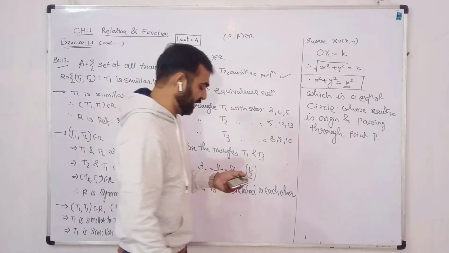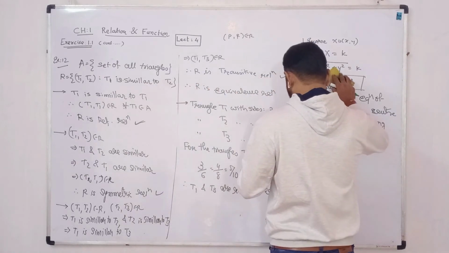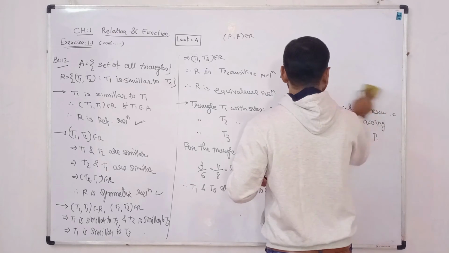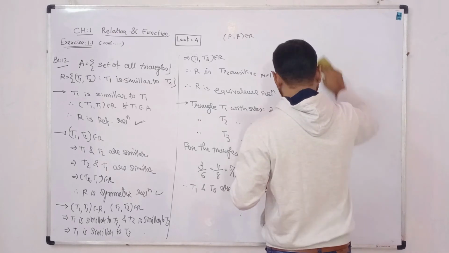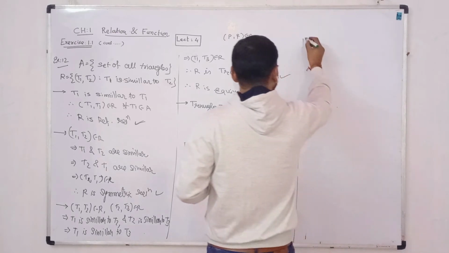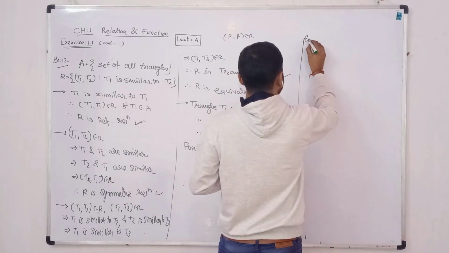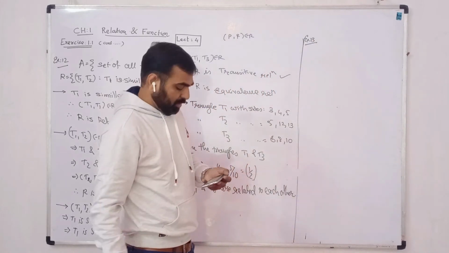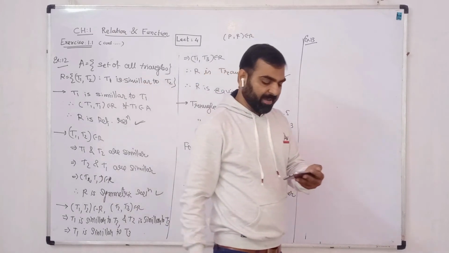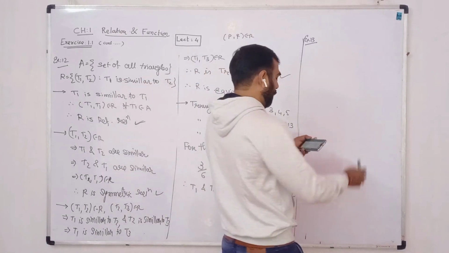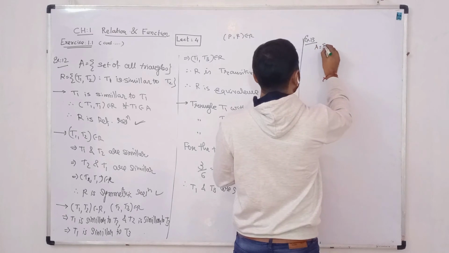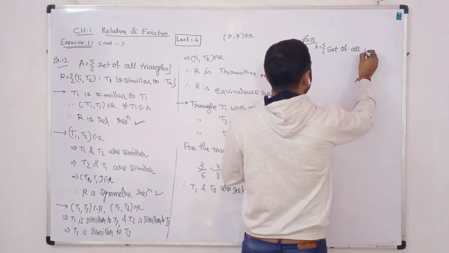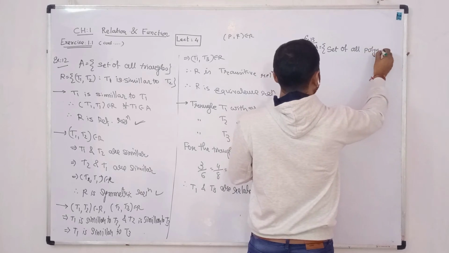क्वेश्चन नंबर 13 में क्या दिया हुआ है, that is question number 13. We are given: show that the relation R defined on a set A of all polygons, A is nothing but the set of all polygons.